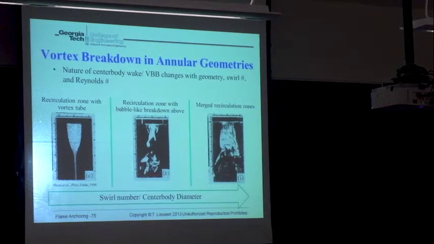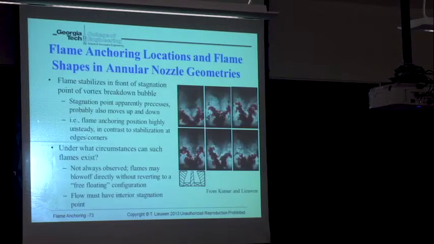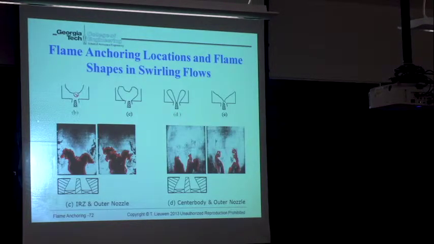If you have a flow without a center body, you'll always have that interior stagnation point in a flow with breakdown. So it's very common in flows without center bodies to see an aerodynamically stabilized flame that looks like this. The problem, like I mentioned to you before, is it's also really hard to keep the flow from just flashing back, to get that combustion-induced vortex breakdown.